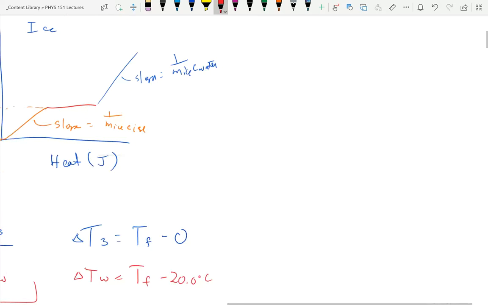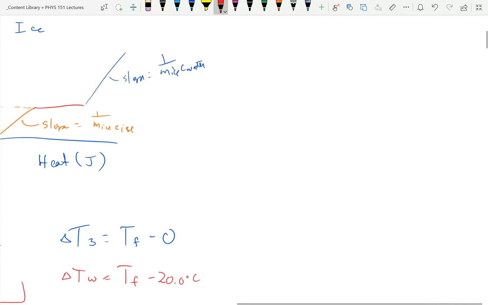And so my equations are going to be, now it's only 3 equations. Again, we have to modify. Q ice 1 is equal to the mass of the ice times C of the ice times delta T of the ice.